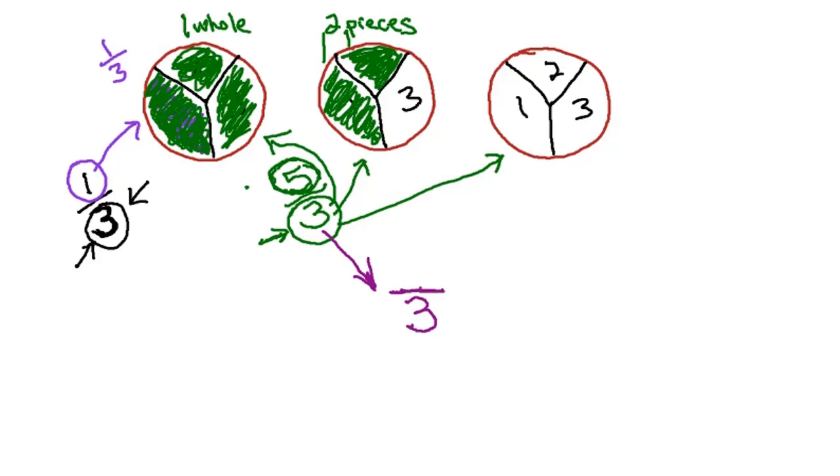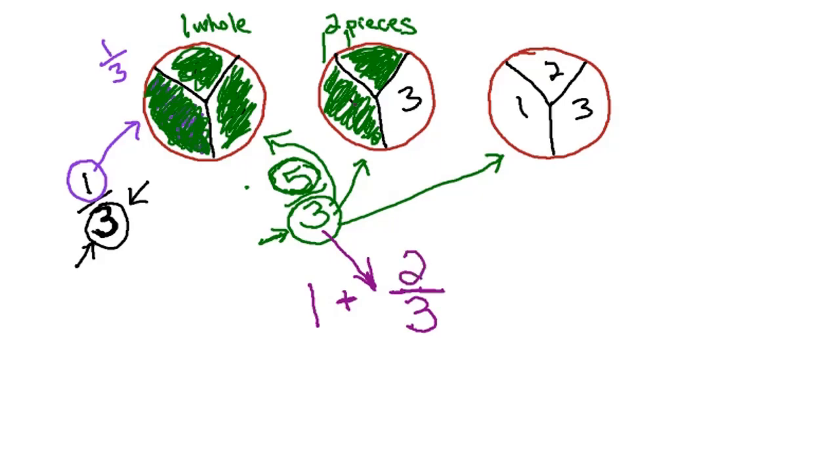But we have one whole pizza that we colored in also. And then this second pizza, pizza number 2, we have 2 pieces colored in. We don't have the whole pizza colored in. We just have 2 out of the 3 pieces colored in.